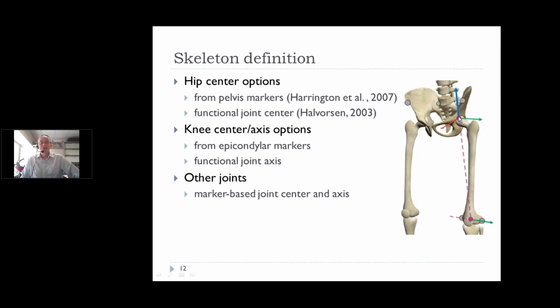But we can also do a functional joint center, where you ask the patient to do a range of motion test, and then the kinematic center of rotation is determined. And there's a similar option for the knee where you use either the markers or a functional joint axis. For all the other joints, it's only based on markers.